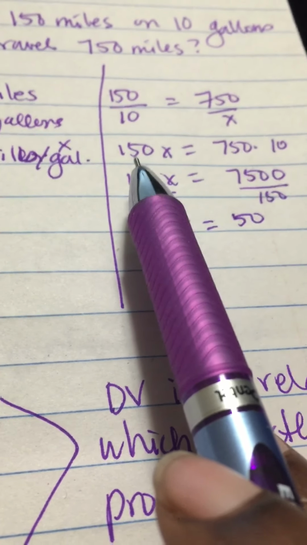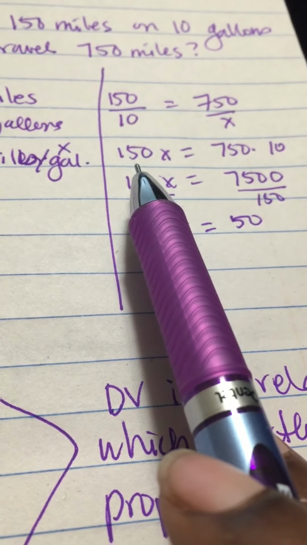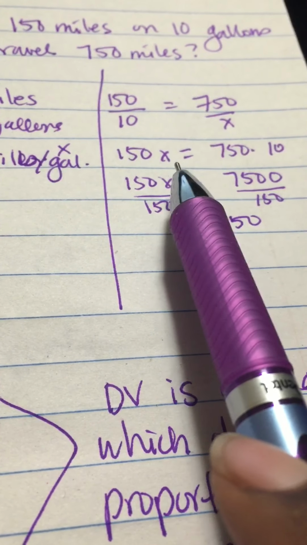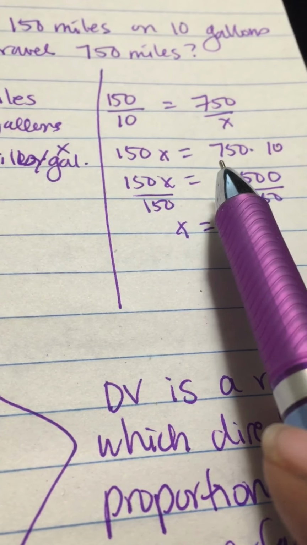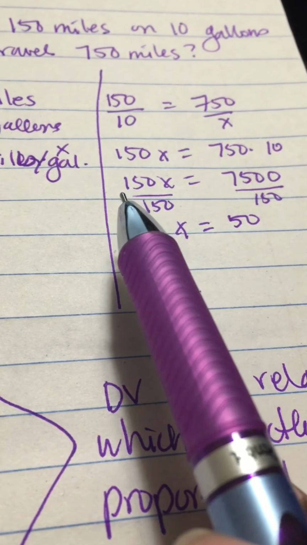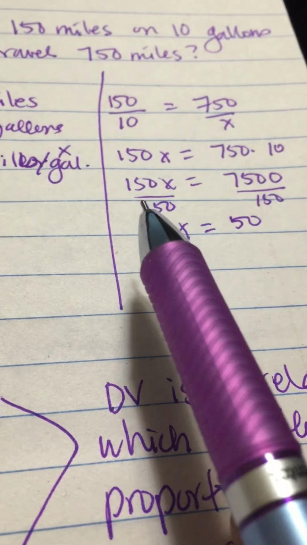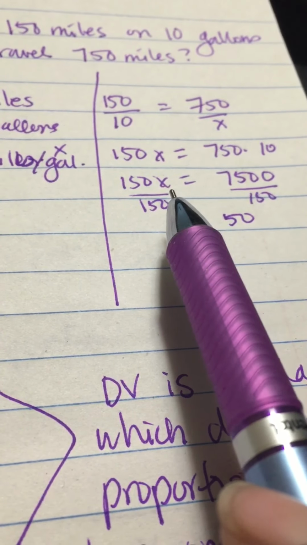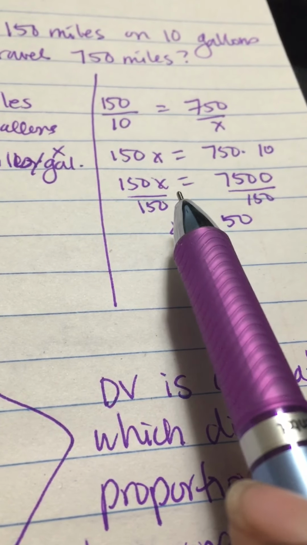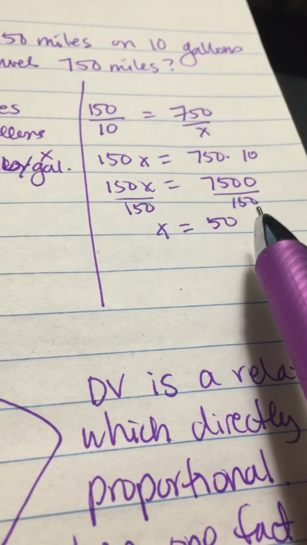So we're saying that 150 times x is going to give us the product of 750 times 10. So I'm going to divide by 150 because I'm solving for x. And what I do on one side, I also have to do to the other.